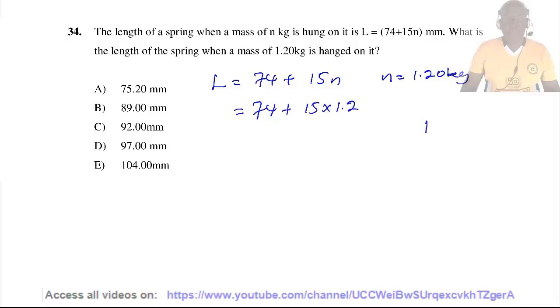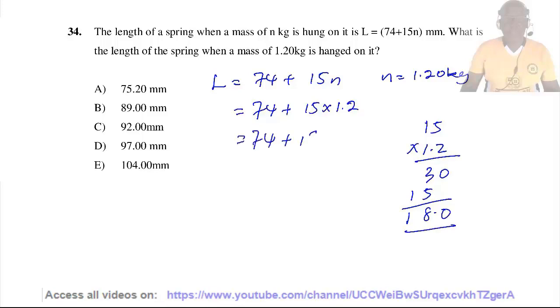Now 15 times 1.2, we shall get 18. So 74 plus 18, which equals 92 millimeters. So the answer is C.